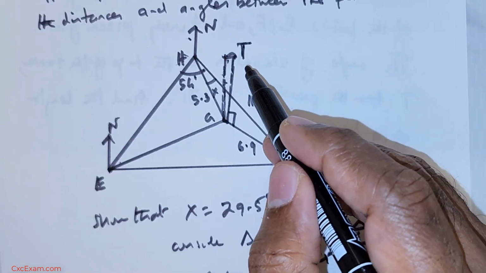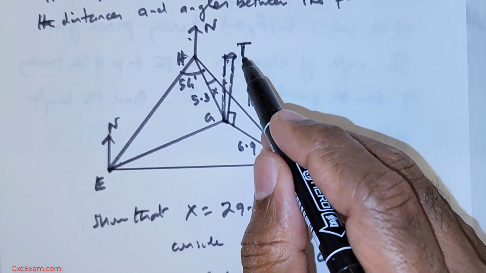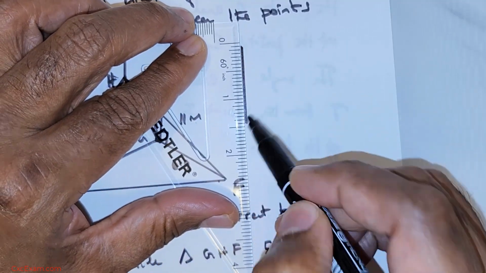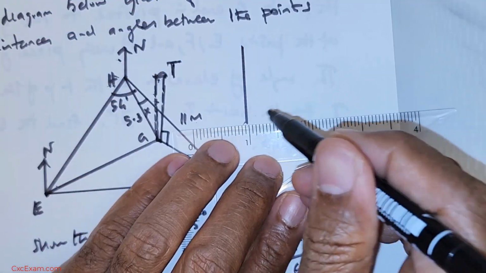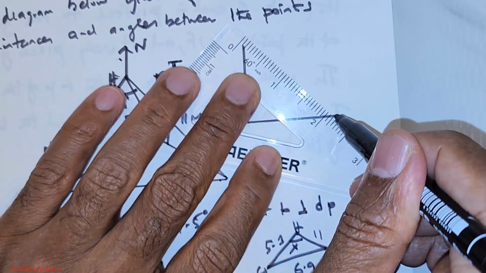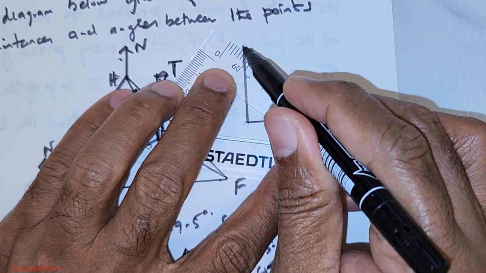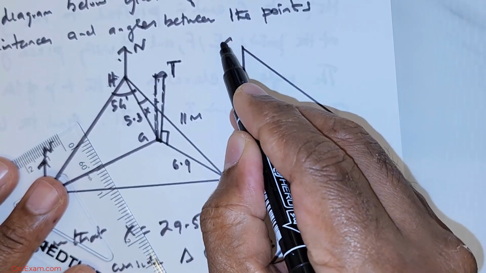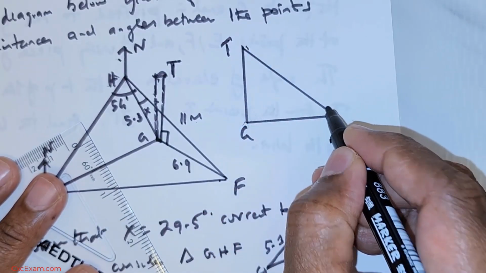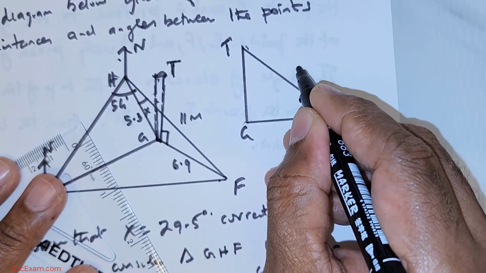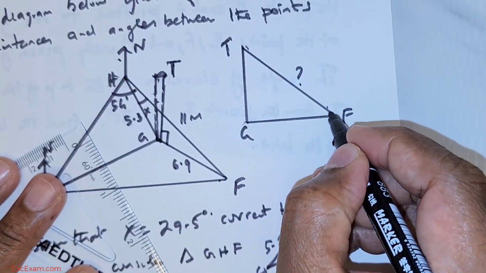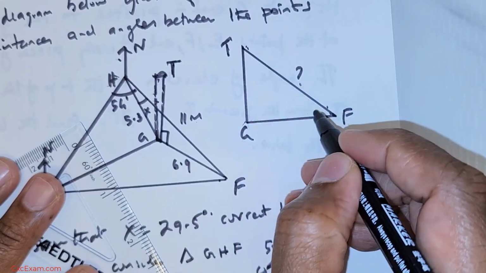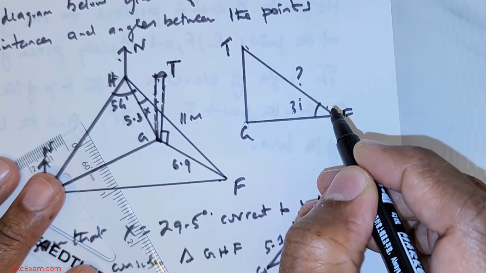Now what we are concerned with is the length of the wire. This point is G, ground. From ground you have the tower going up, and there is this point F, and we are interested in getting this length of the wire. They are also saying the angle of elevation is 31 degrees.